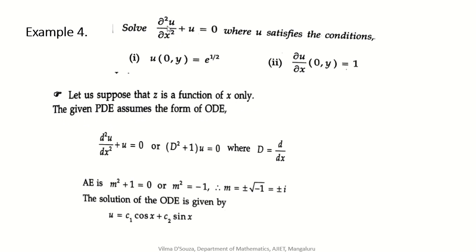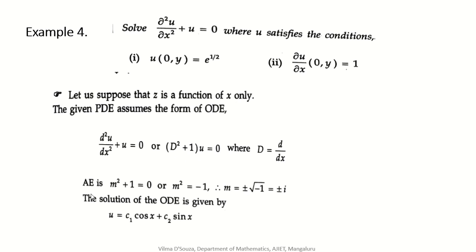When you treat u as a function of x only, it becomes d²u/dx² + u = 0. Or symbolically you can write it as (D² + 1)u = 0, where D is d/dx. Now this is an ordinary differential equation.